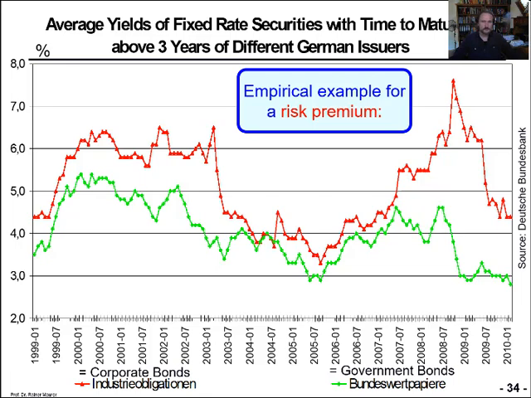Starting in the year 2003, around here, the German economy experienced a business cycle upswing. Consequently, the risk for private companies of going bankrupt became smaller, such that more risk-averse investors were now also willing to buy corporate bonds.